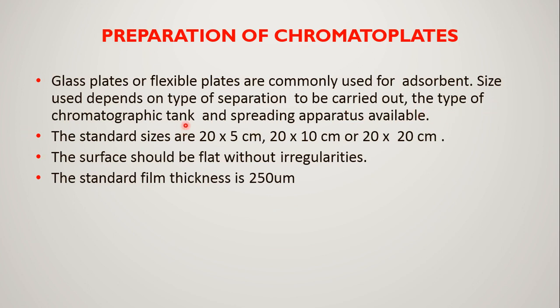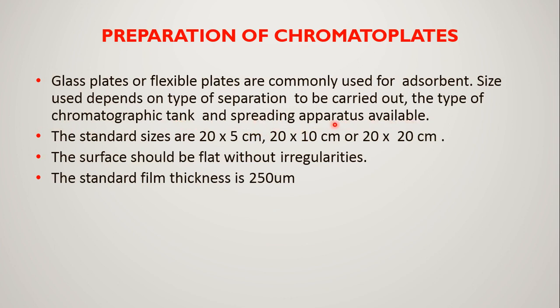Then the type of chromatographic tank and spreading apparatus. Which adsorbent material we choose, and which type of plates, flexible plates or glass plates, we use, depends on our sample nature, our developing tank, and also the spreading apparatus available.